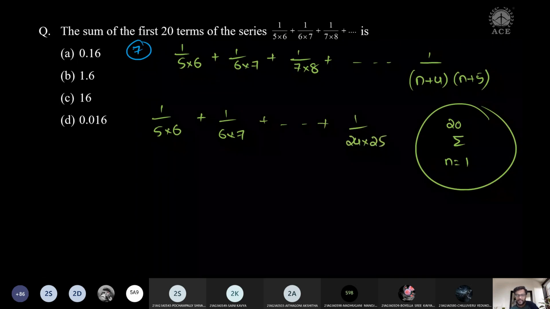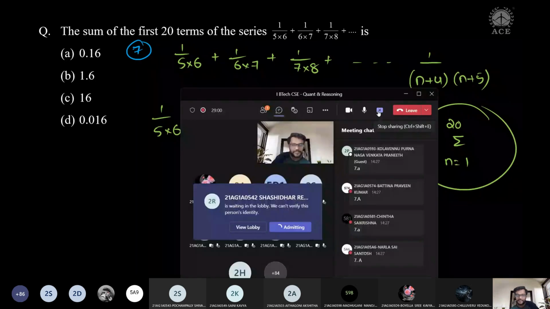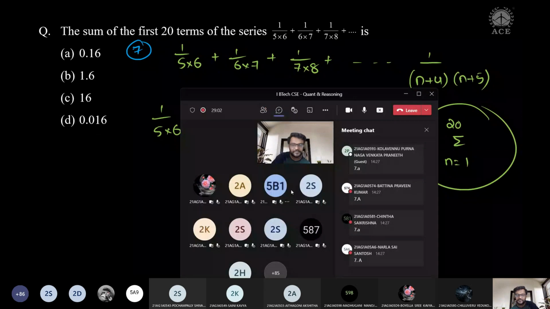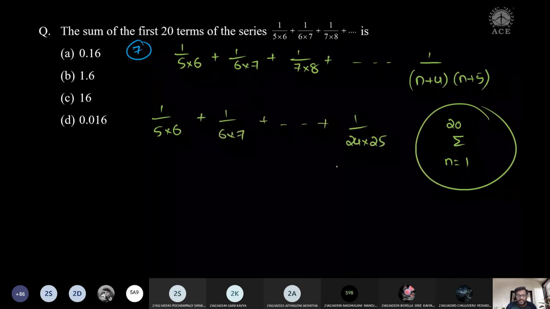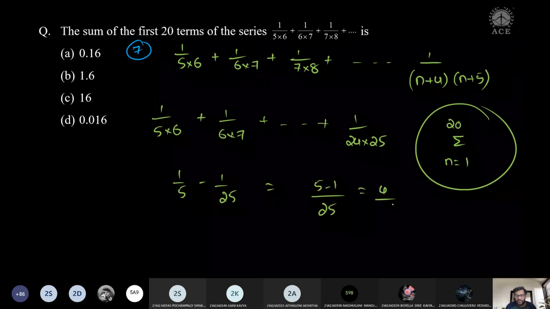24 into 25. Some of your friends are waiting to join. Seventh one, somebody has given an option here already. Yeah, fine. Now, first term minus last term, my dear friends. Here, if you take LCM, we get 25. 5 minus 1, 4. 4 divided by 25 is nothing but 0.16. 25 into 16 is 400.